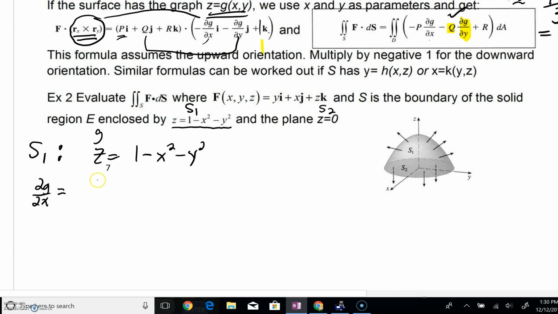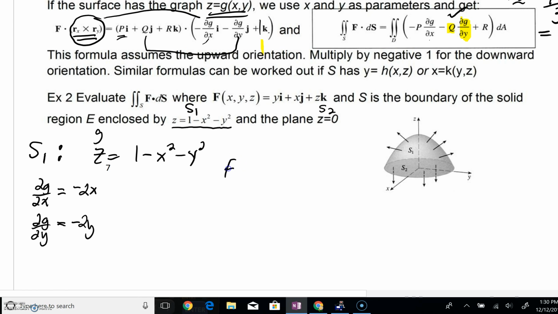Let's do that real quickly. What do we get? Simply a -2x. We'd want to take our partial derivative of g with respect to y. Likewise, we'd get -2y. And at this point, it's actually pretty nice, where we can use this shortcut formula that we're going to be using.